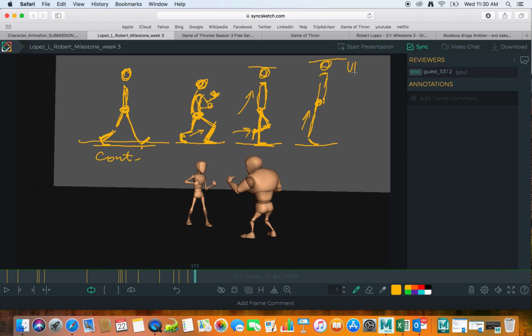So that's why it's called up. And this passing foot is now somewhere here, and after this it comes to new contact, right? The new contact would come here, where it looks the same as this one, just with the opposite legs, right?